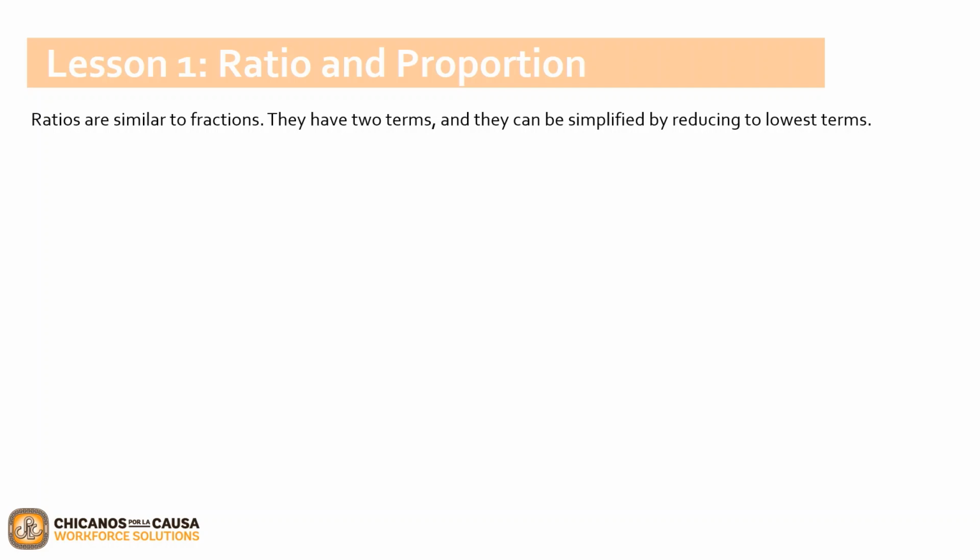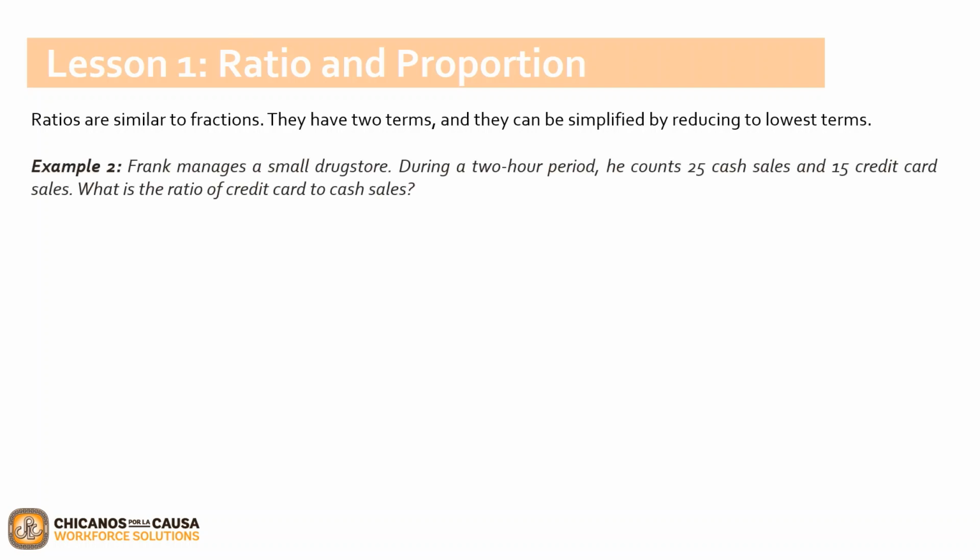Ratios are similar to fractions. They have 2 terms, and they can be simplified by reducing to lowest terms. For example 2, it says, Frank manages a small drugstore. During a 2-hour period, he counts 25 cash sales and 15 credit card sales.